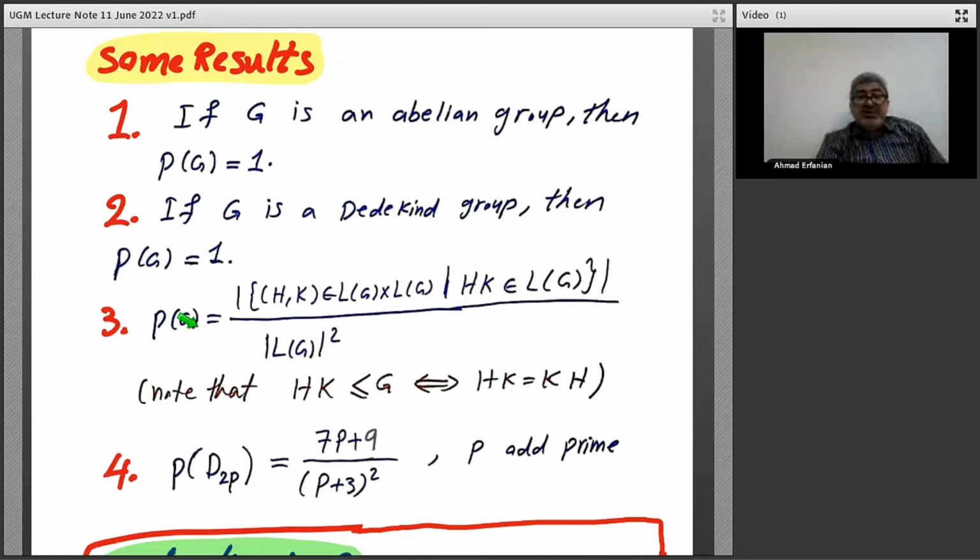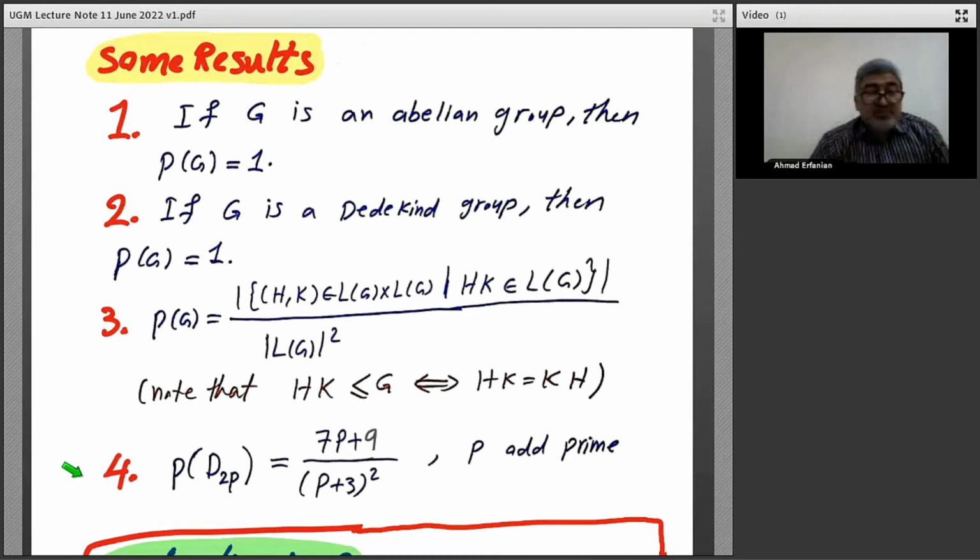The permutability degree is the number of all pairs H and K such that HK is a subgroup. You know, HK is a subgroup is equivalent to HK equal to KH, right? And the permutability degree of the dihedral group of order 2 times p is (7p + q)/(p + 3) squared.